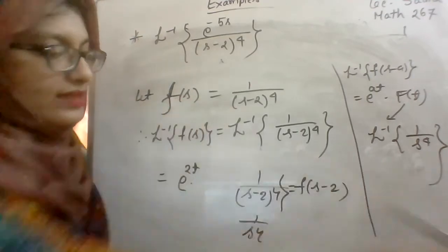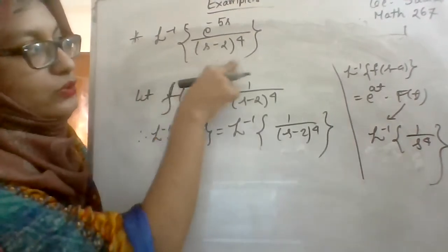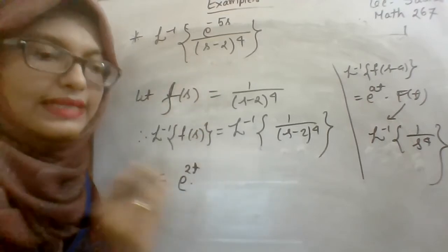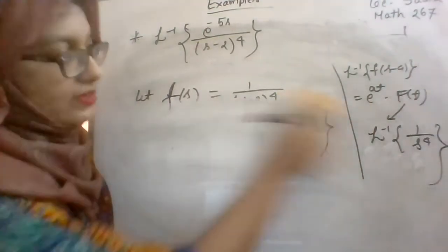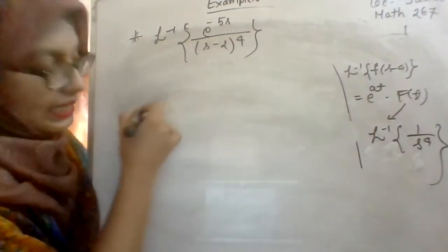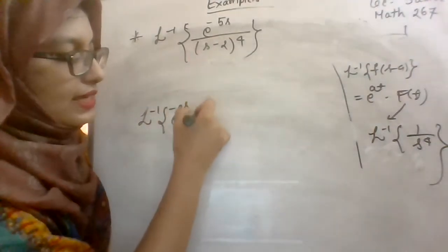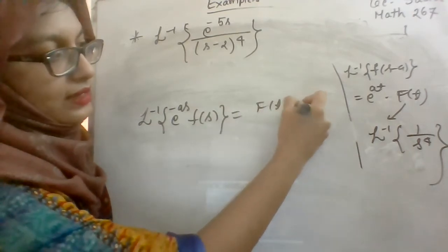Here I want to complete this inverse Laplace transformation by using the second translation property. And what is the statement of your second translation property? It is the inverse Laplace transformation of e to the power minus as f of s is equal to f of t minus a, comma 0.